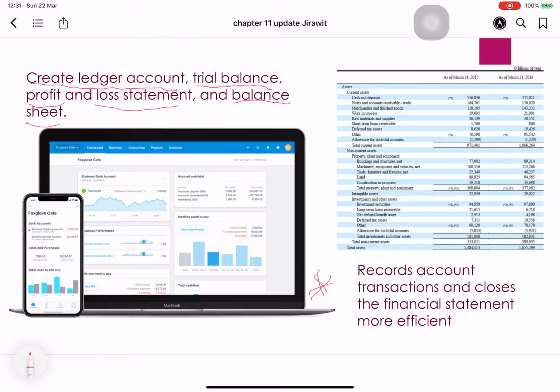You can record accounts and transactions, and the financial team can close the financial statements. It is very useful, normally as a web application.